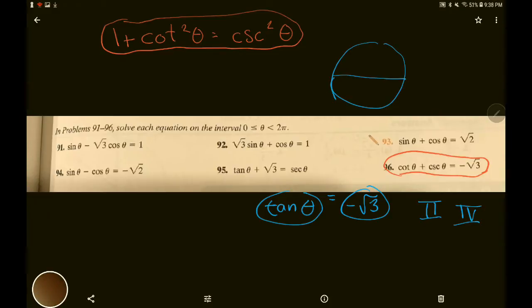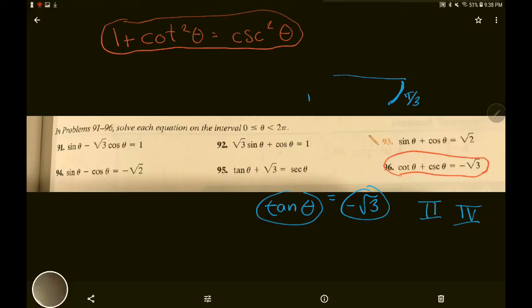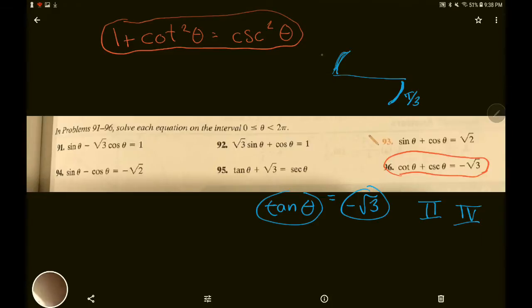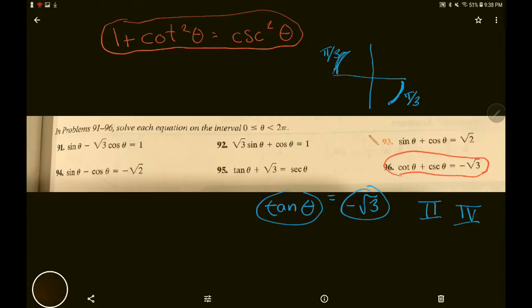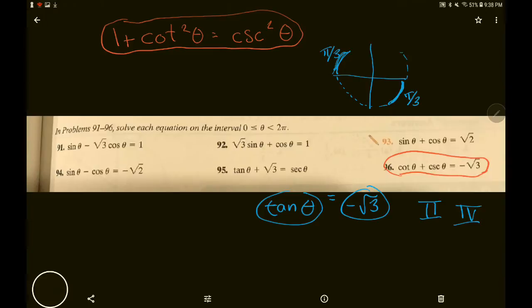So we're talking about pi over 3 on this side of pi, and pi over 3 on this side of 2 pi. Oh no, I'm not wrong, excuse me. We're talking about quadrant 2 and quadrant 4. So we're talking about pi over 3 on this side of pi, and pi over 3 on that side of 2 pi.